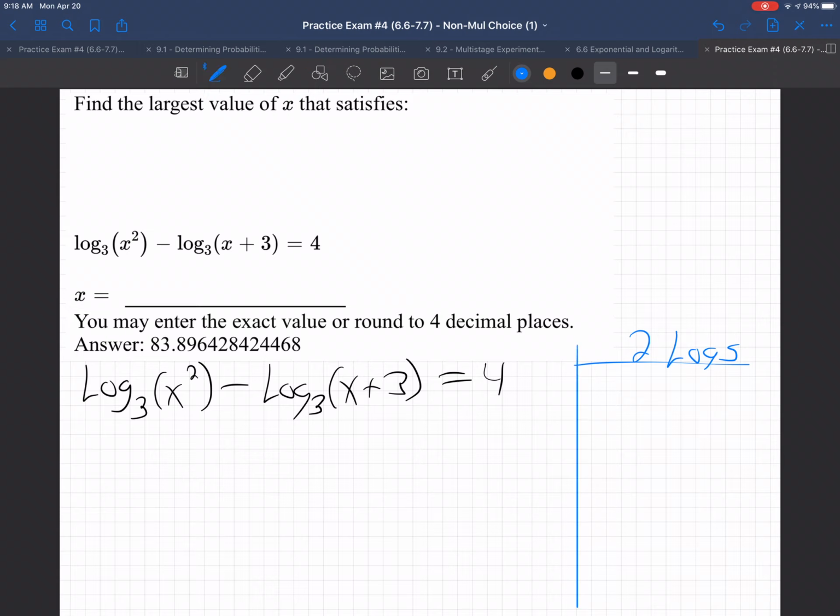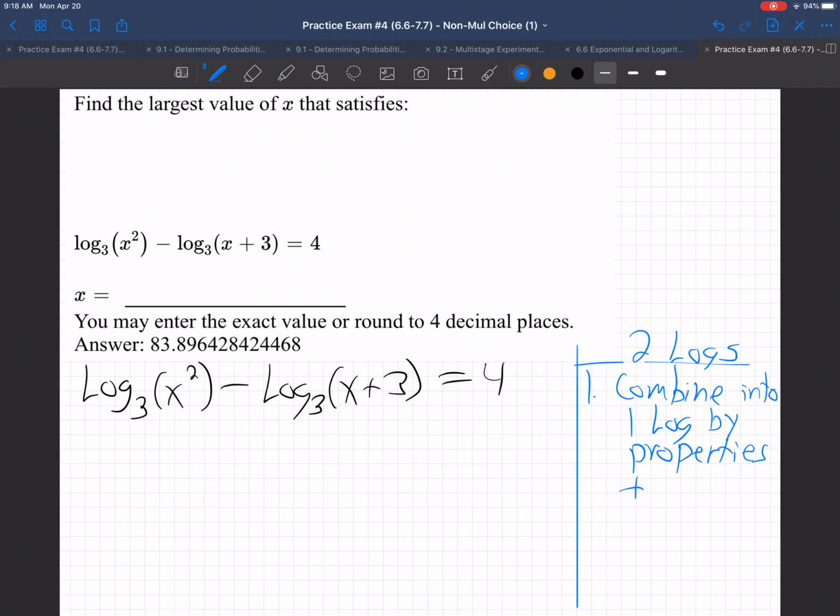First thing we need to do, step 1, combine into one log by the properties. Now, what do we mean, the properties?